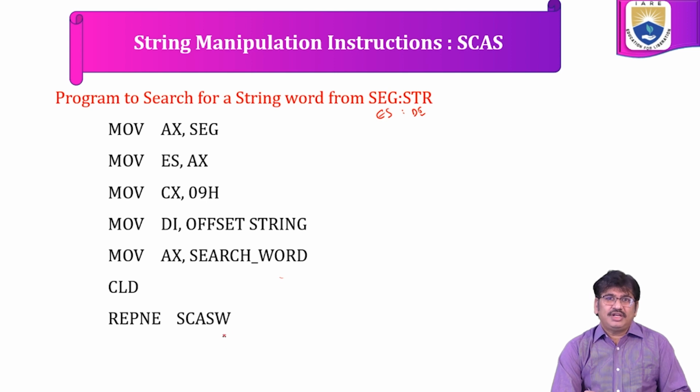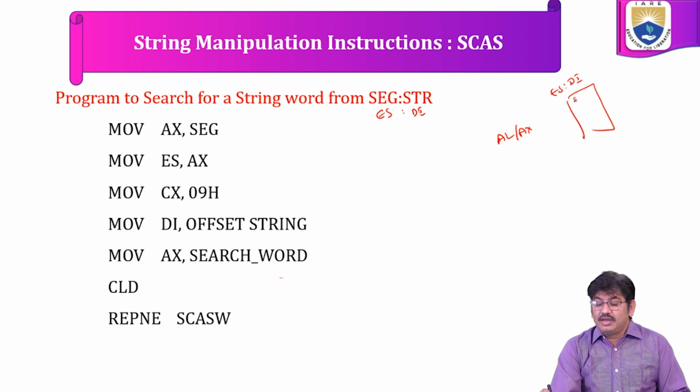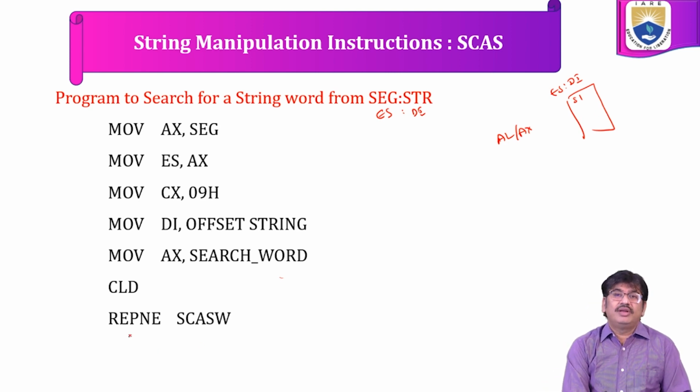Here, the repetition of the scan will take place if the element present in AL or AX is not found in the memory location pointed with ES:DI. If these two elements do not match, then it proceeds further for scanning. That's why it is prefixed with REPNE, which is repeat if not equal.